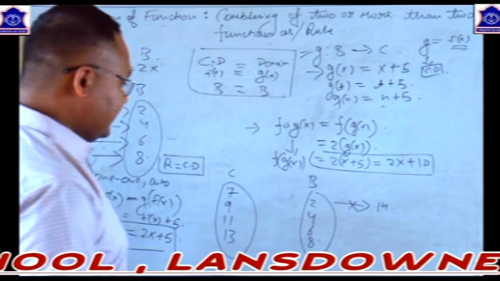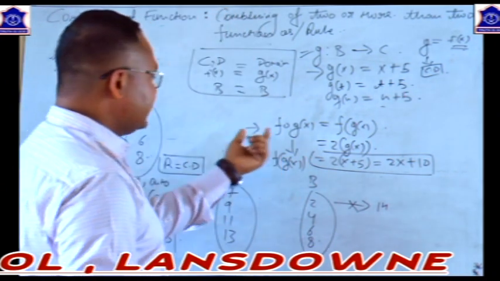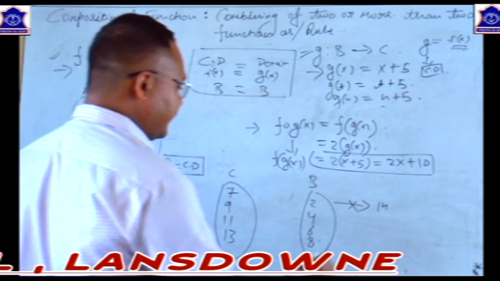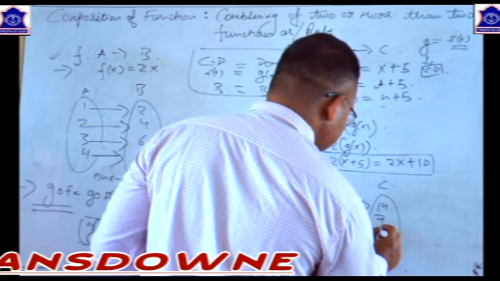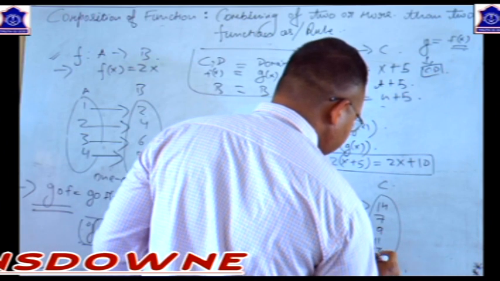So you can see that when we are combining these two functions, the elements of set C were 7, 9, 11 and 13.